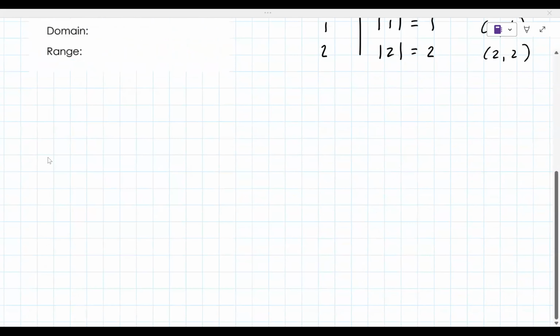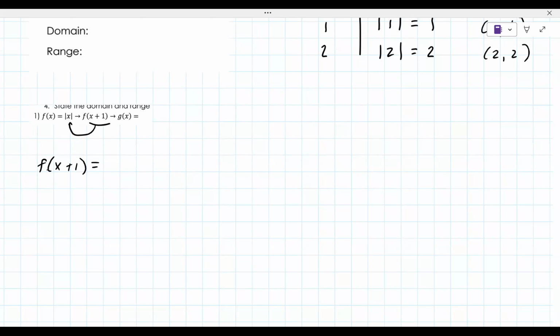So let's look at the, so we got, what they're saying is put x plus 1 in for x. So f of x plus 1 means put x plus 1 wherever you see an x. Got it.